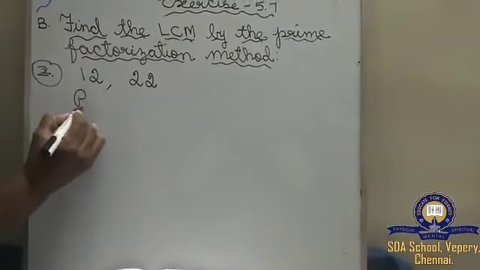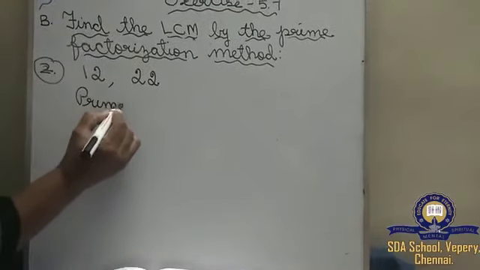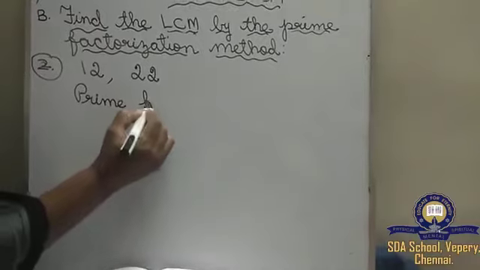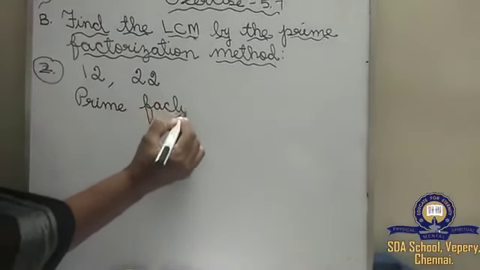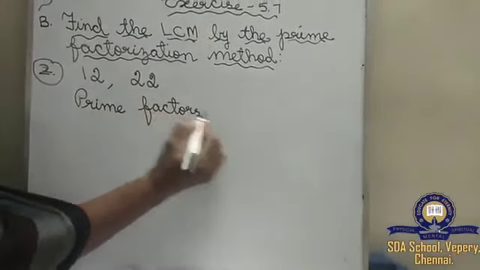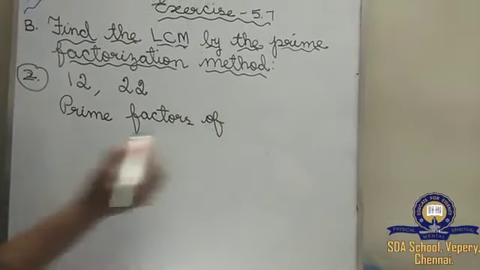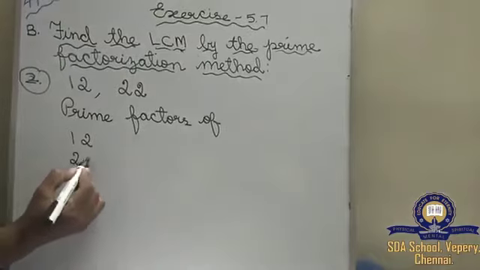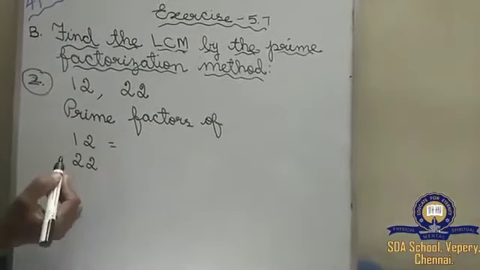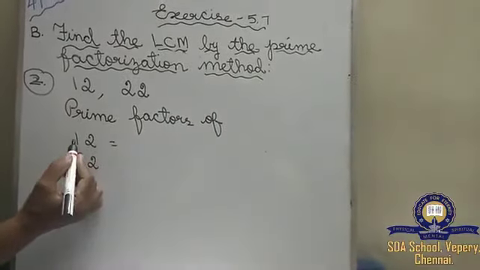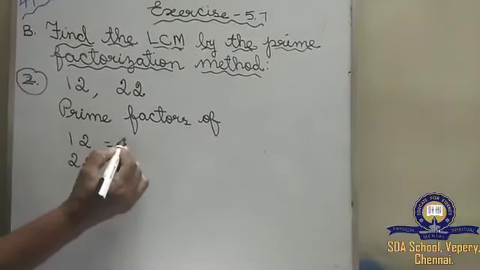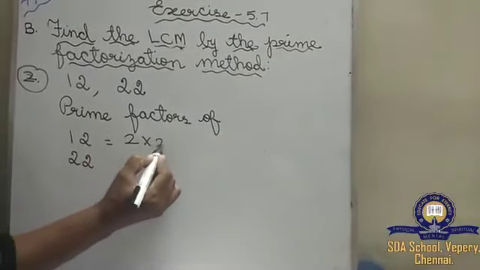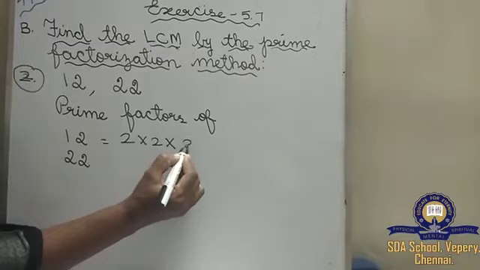So prime factors of 12 and here 22. Okay, what are the prime numbers we can use for 12 children? 2 into 2 into 3.